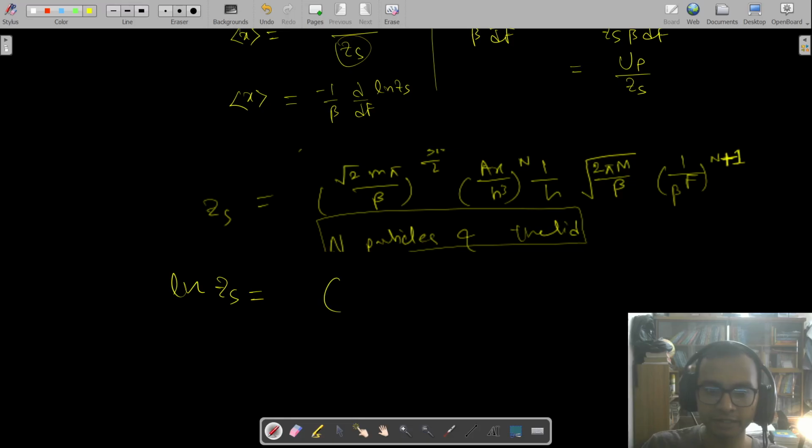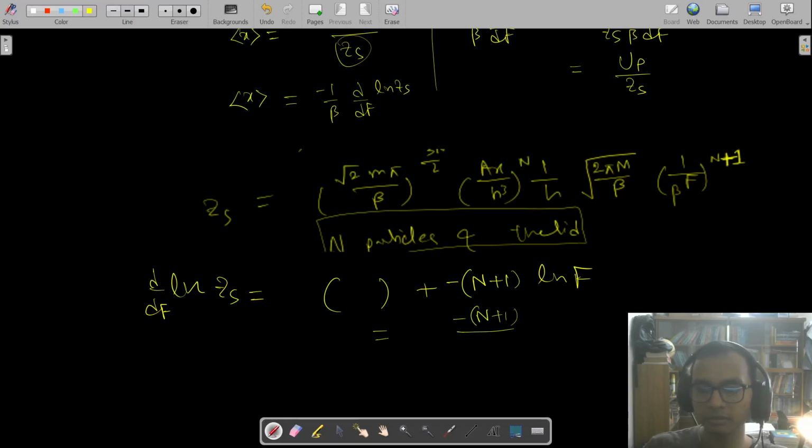So we have some factor that does not contain f, and after taking the logarithm, what happens is this gives minus n plus 1 ln f, and then we differentiate this thing, minus n plus 1 by f, and we multiply by beta.